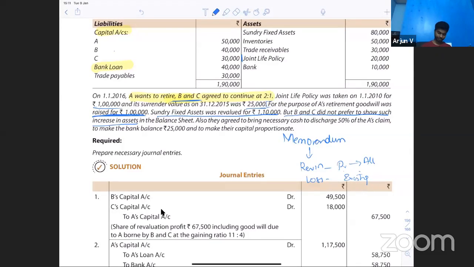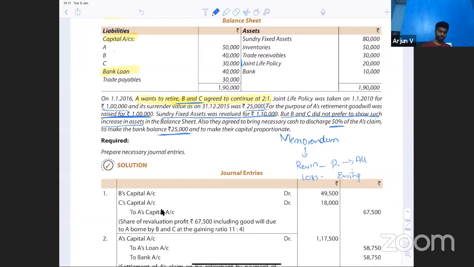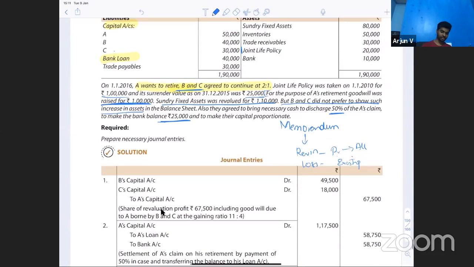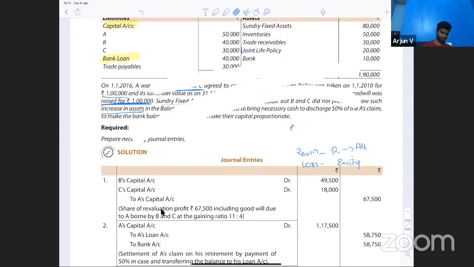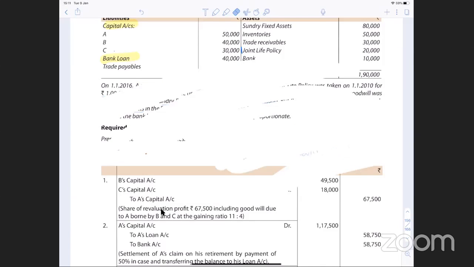Are you all clear? They agree to bring necessary cash to discharge 50% and the balance 50% to make capital proportionate. I think we know how to do this question, so let's just try it out. Whichever we know, we'll start doing it.